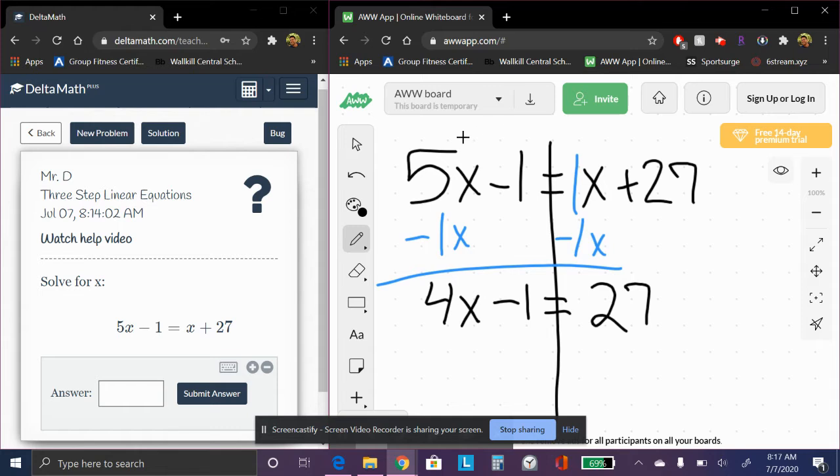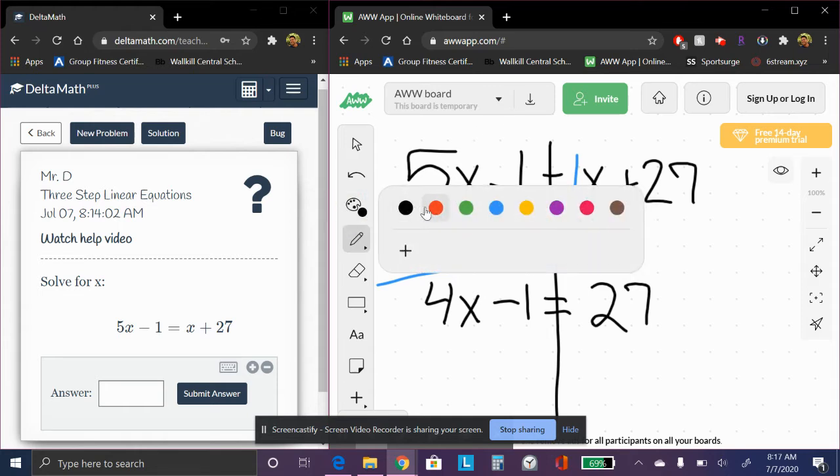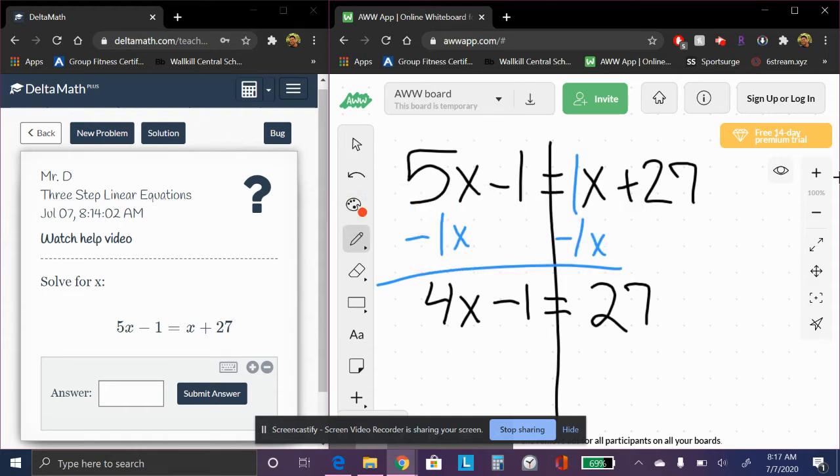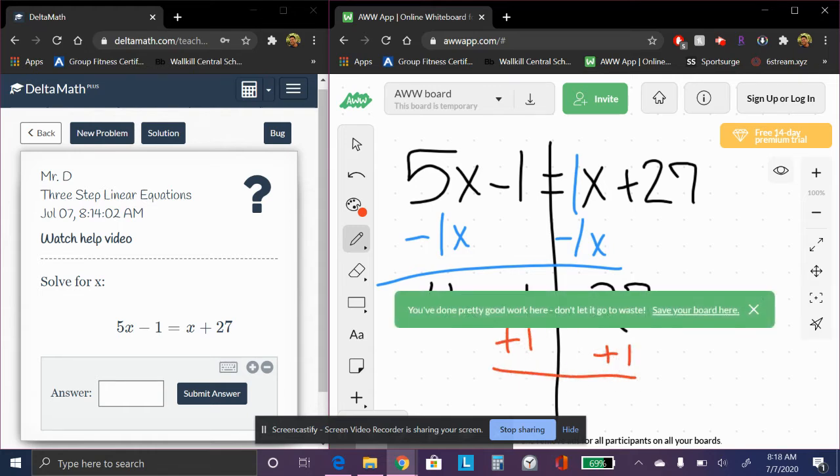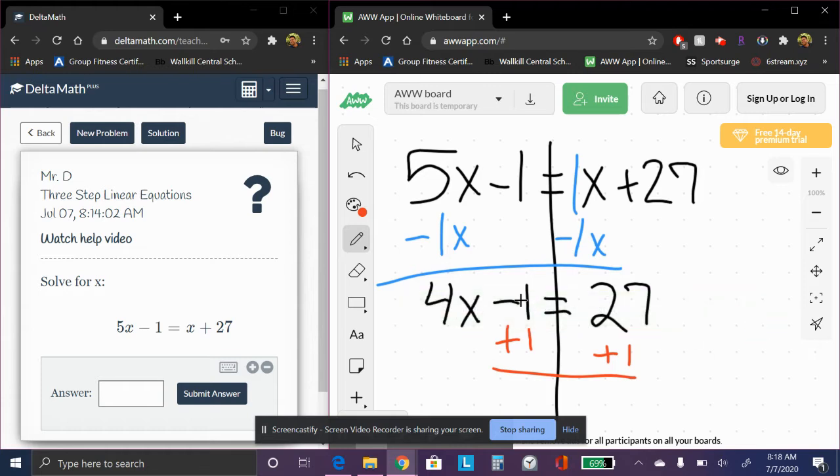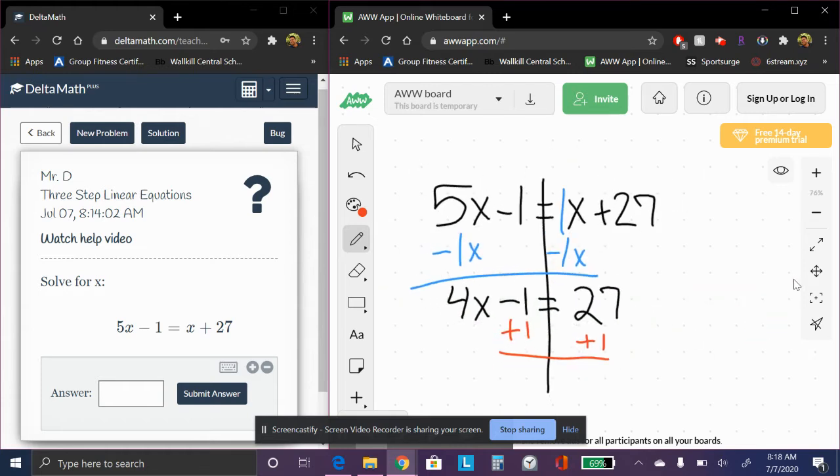Now this just becomes a two-step equation that we did in the last lesson. So again, bring the 1 over, add 1. So then I get 4x is 28.